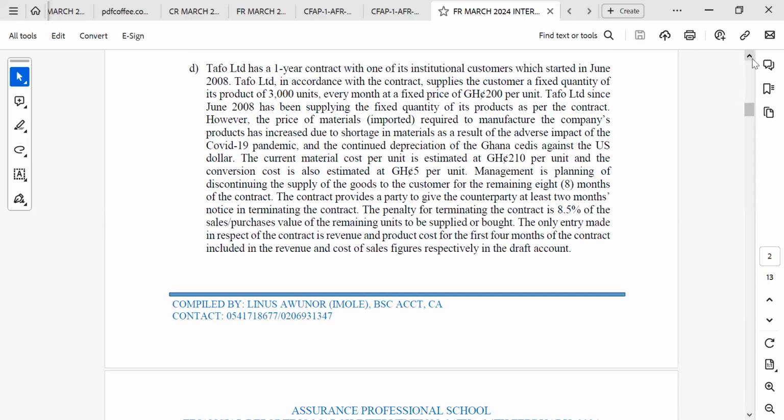And the selling price is 200, isn't it? Yes, sir. What amount are you going to pay the penalty on? 200. You pay the penalty on 200 because the penalty will always be on the amount that you have received from the person. You can only make a refund from the money that you have received. So they are saying that we should pay 8.5% of that amount.